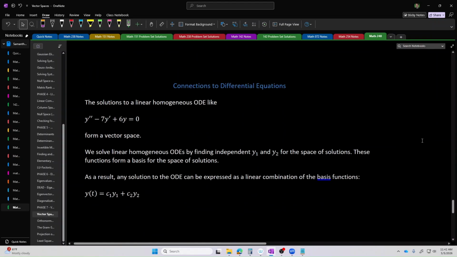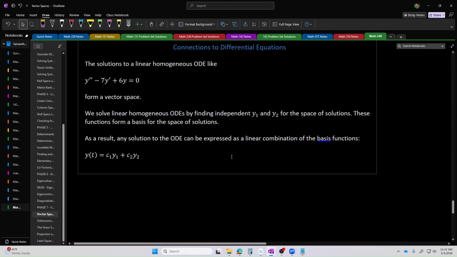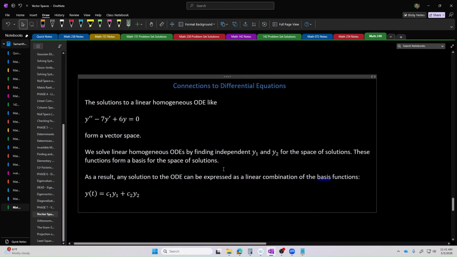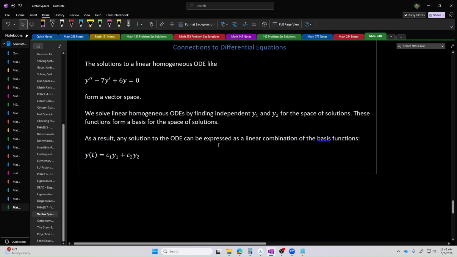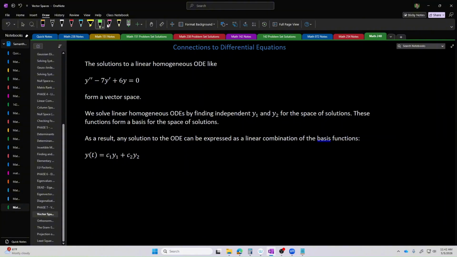For the folks who have taken differential equations, you've also encountered vector spaces and bases within that class when solving linear homogeneous differential equations. For example, if you're trying to find all the functions such that y double prime minus 7y prime plus 6y equals 0, you start that process by trying to find a pair of independent functions, y1 and y2, two independent solutions to this equation.